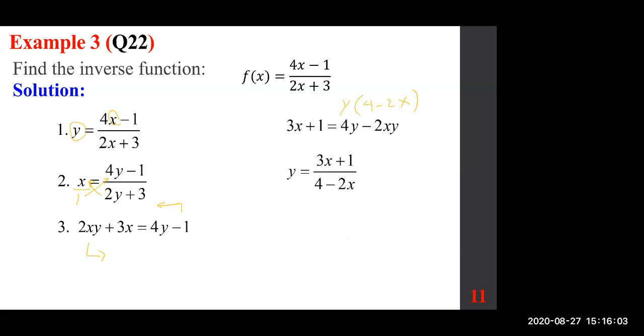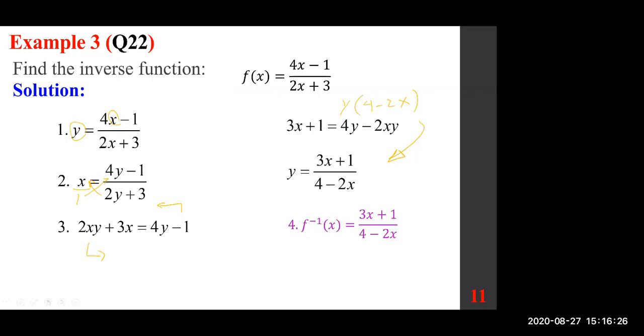So I hope you see how we go from here to here. It's a very simple process, class, okay? It's a very simple process. Now, you change the y to f inverse, and you're done.